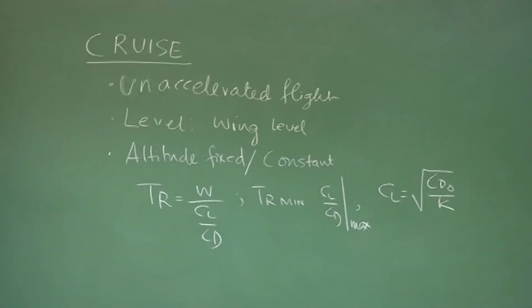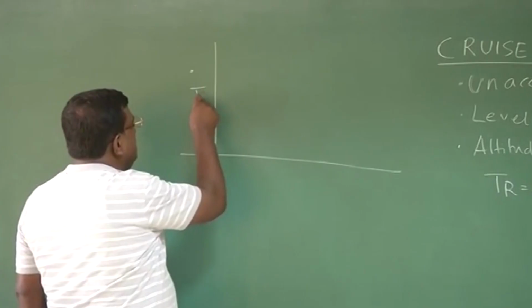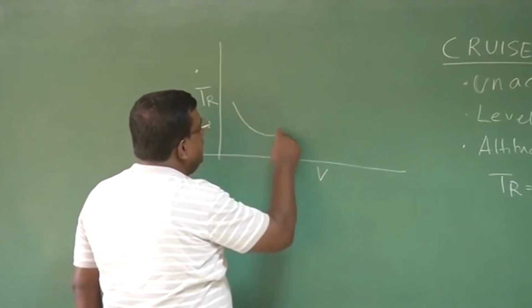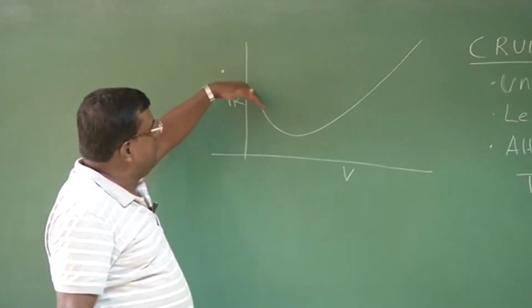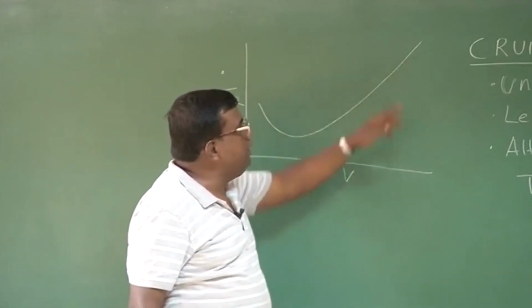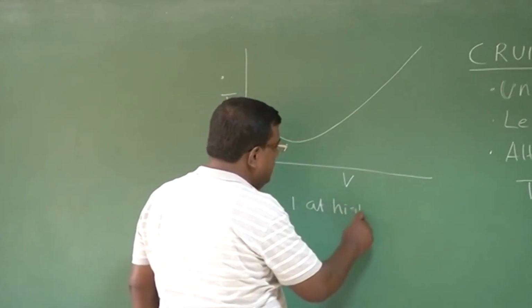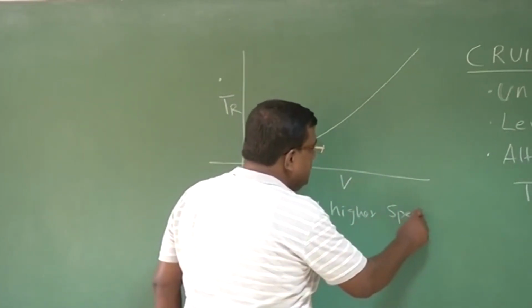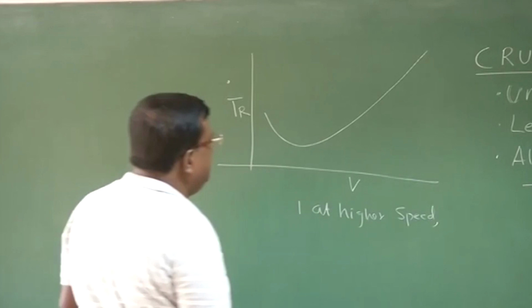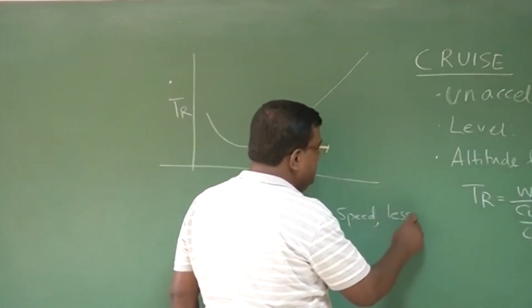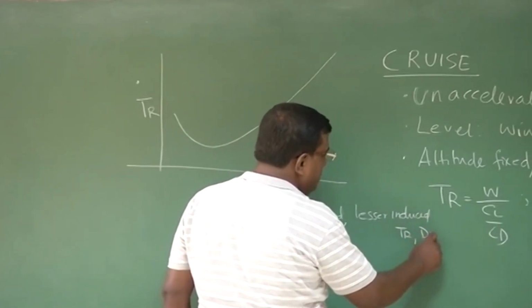Then we tried to understand how I can plot the variation of thrust required versus speed, and we realized that thrust required will follow this trend, and we also understood at higher speed, since CL required for maintaining lift equal to weight is less, it will have lesser induced thrust required or drag, which are the same.